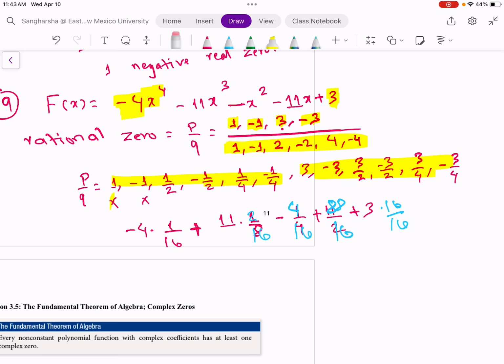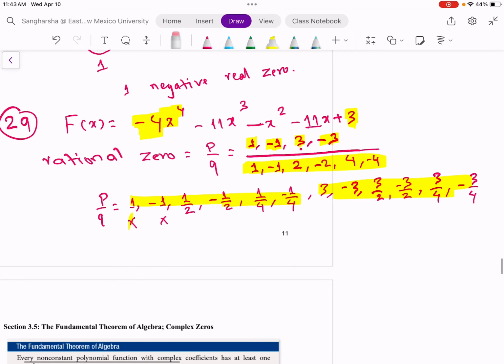Okay, so let's go with 3. Did anyone get the real 0? Let me know. On your homework you do have a 4th degree, but on your exam you will have a function with degree 3. So you won't have a function with a degree greater than 3.